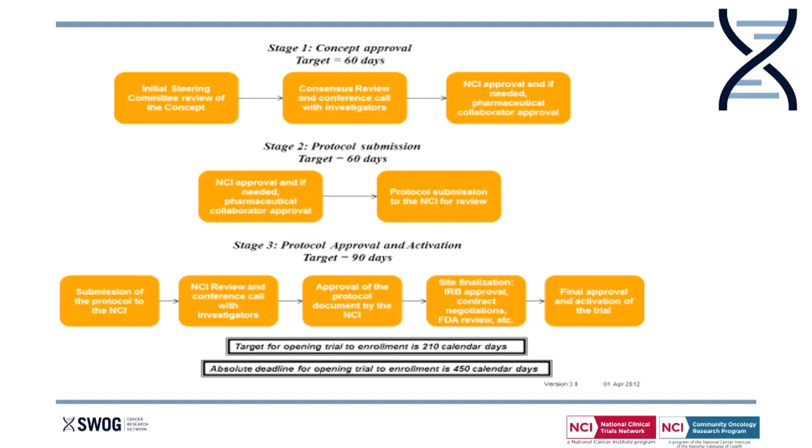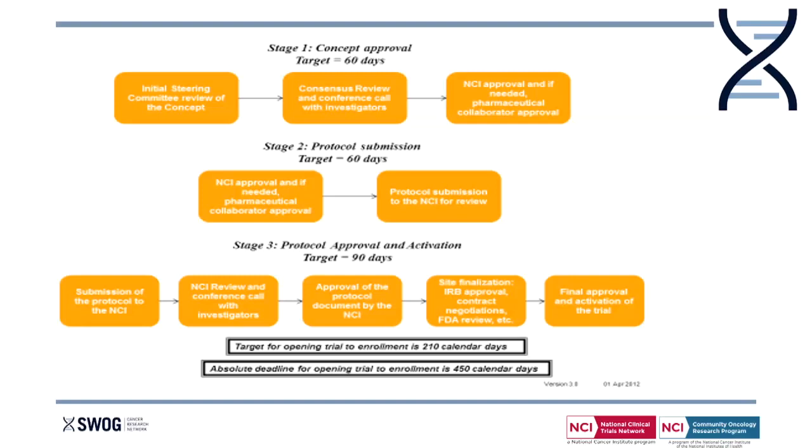In general, the concept approval timeline from submission to approval by the steering committee is about 2 months. The timeframe for protocol development, if everything goes as smoothly as possible, is about 2 months. The timeframe between protocol approval and activation, which includes CIRB review, is about 90 days, so approximately 3 months.